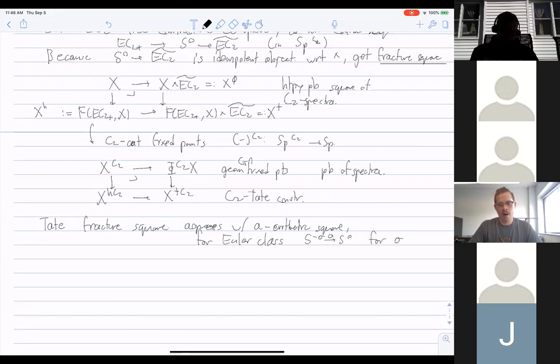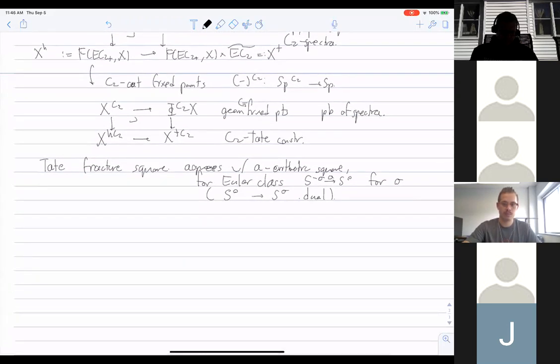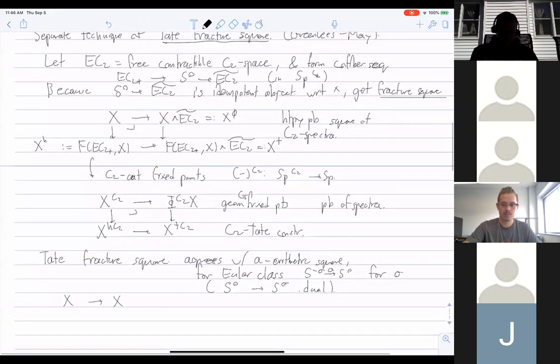I write A as going from S minus sigma to S0. This is dual to maybe what people usually write as the Euler class, going from S0 to S sigma. So this is dual to that. The A arithmetic square is what happens if I combine the operations of inverting the class A and completing with respect to A.